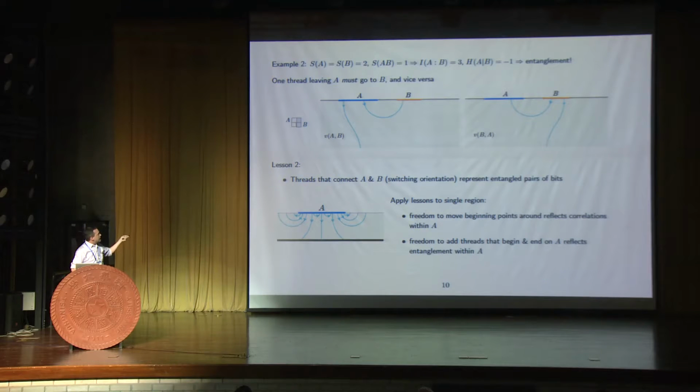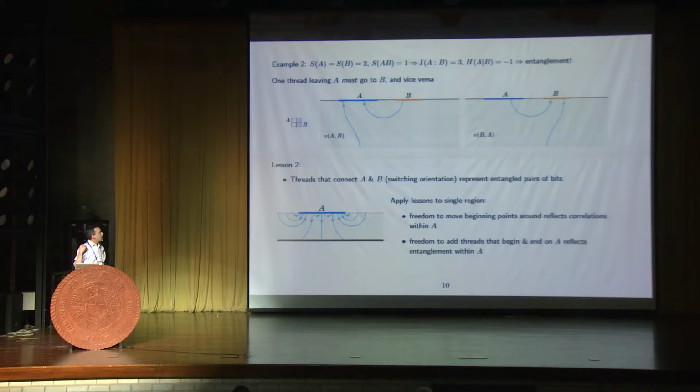Okay? So now we have a thread, in addition to the thread which can move between A and B, which represents this bit, which is classically correlated, I have a thread which joins A to B. This is a thread which does not represent a bit of A union B.